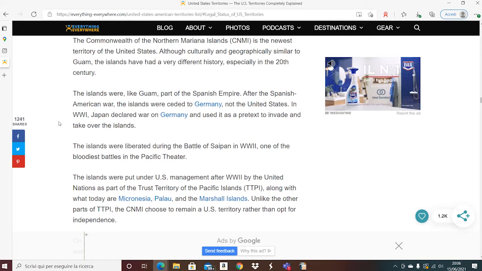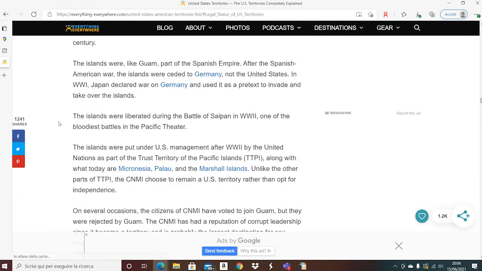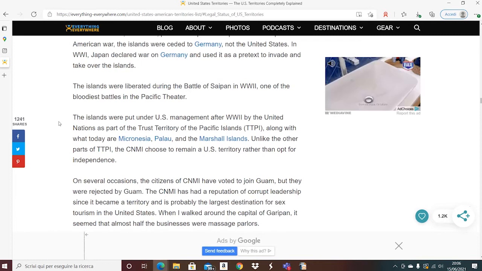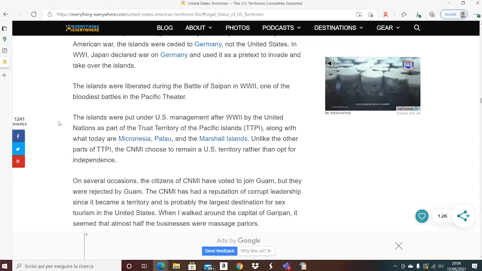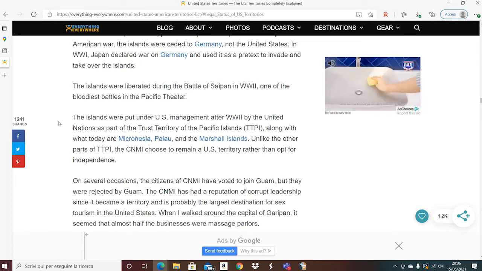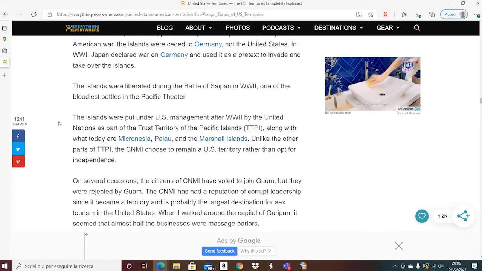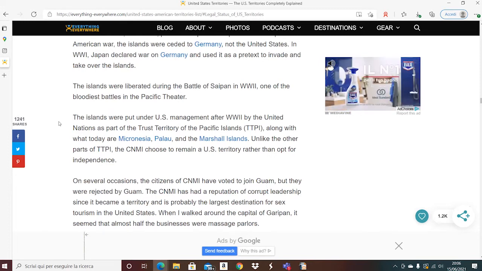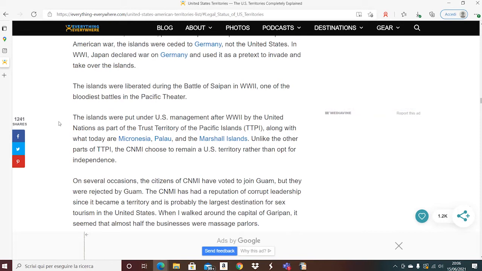The islands were put under US management after World War II by the United Nations as part of the Trust Territory of the Pacific Islands, TTPI, along with what today are Micronesia, Palau, and the Marshall Islands.